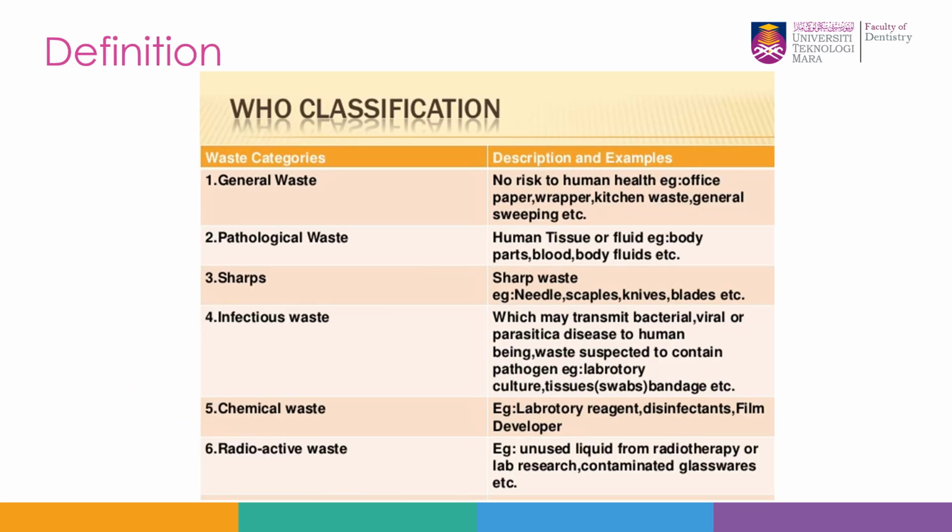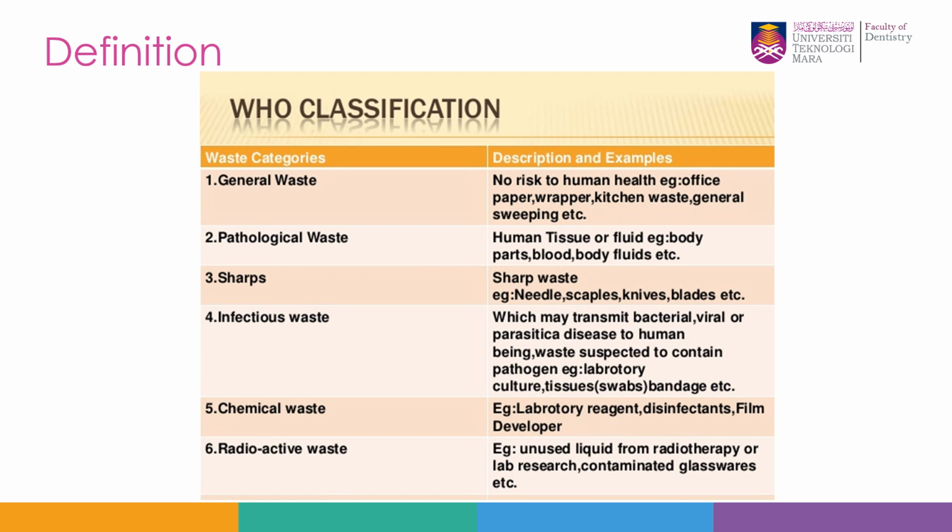According to the WHO classification, there are about six waste categories. The first one is general, which is the black one we just discussed. And there is also pathological waste, human tissue or fluid, sharps waste, infectious waste, chemical waste, and radioactive waste.